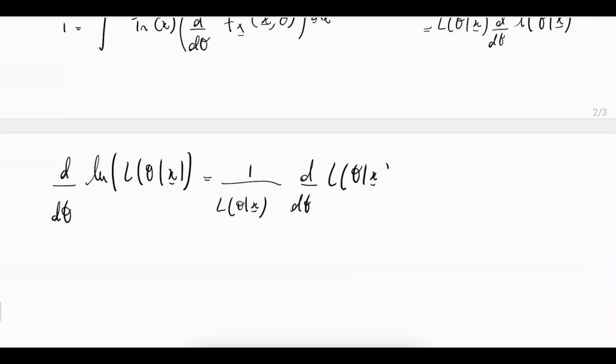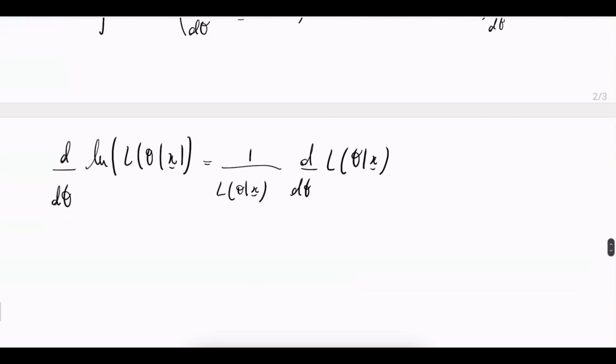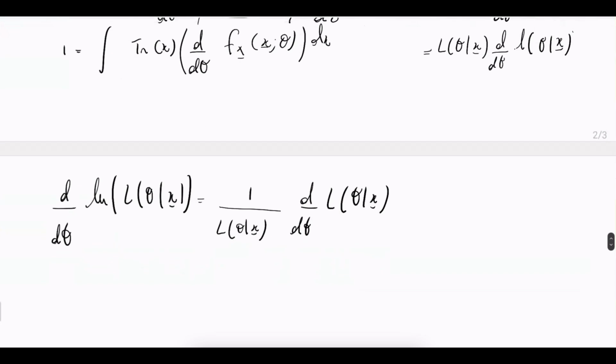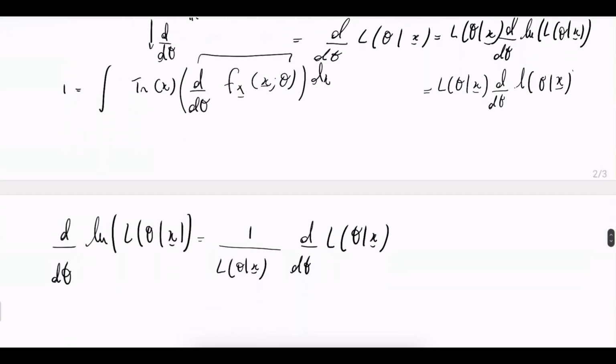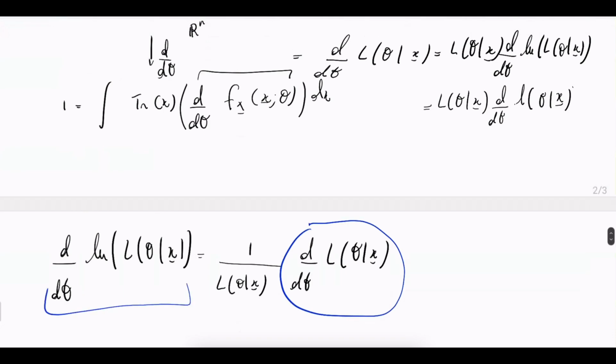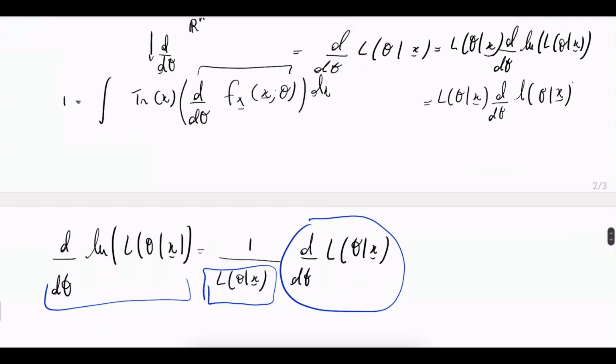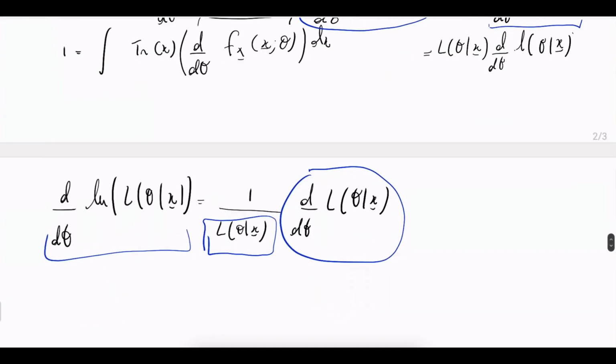My math teacher in high school used to say the derivative of the log of my grandma is equal to 1 over my grandma times the derivative of my grandma, right? So, sorry, yes. At this point, this is equal to the derivative of the log likelihood times the likelihood, right? Perfect. So hence the equality.